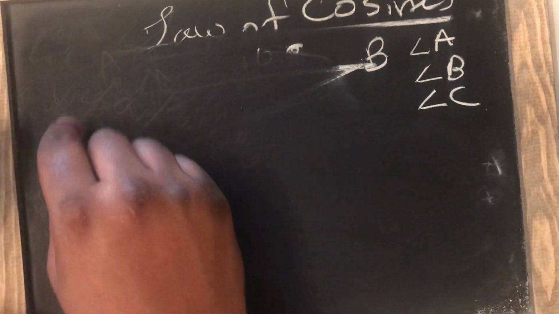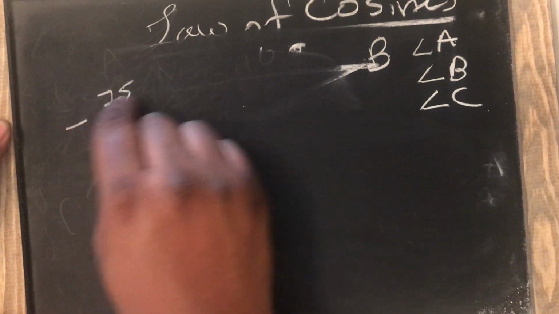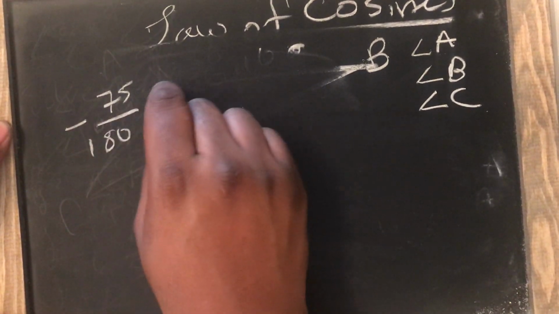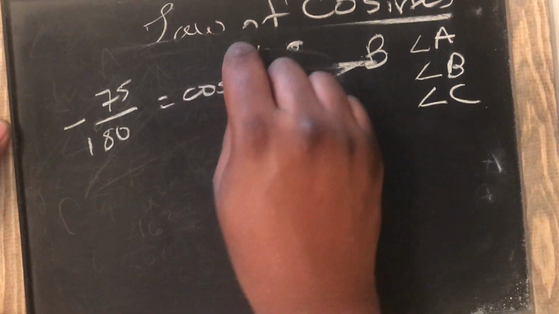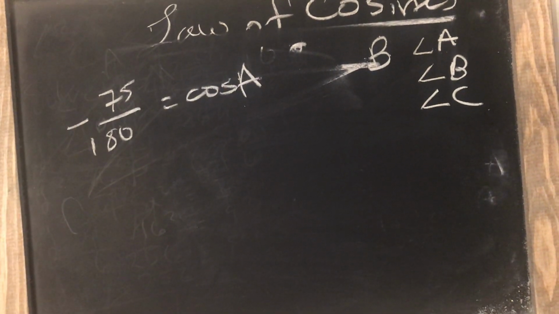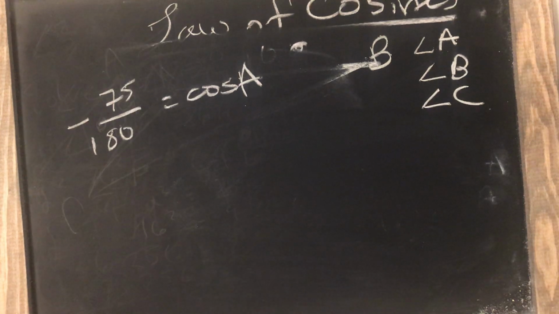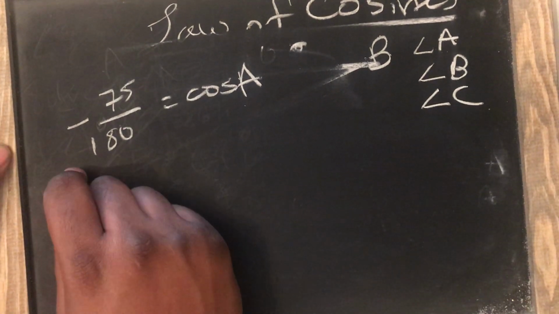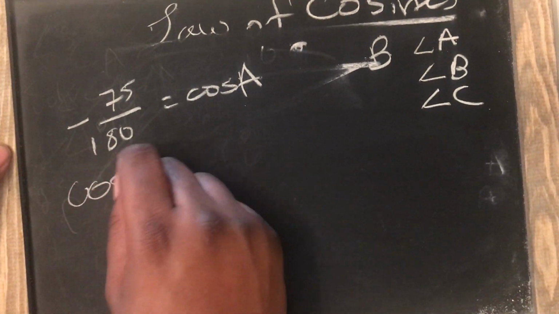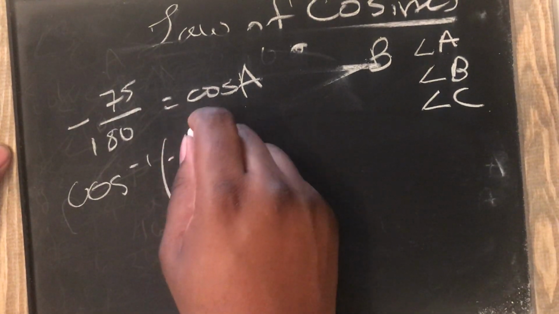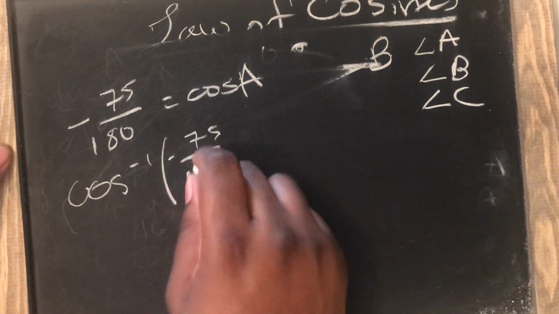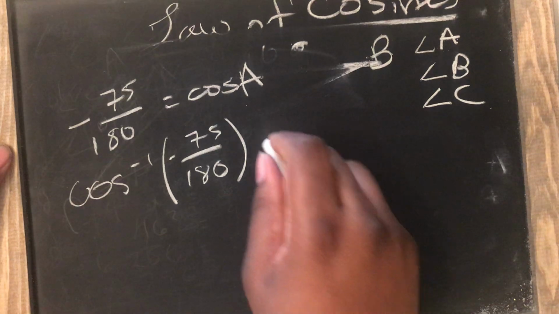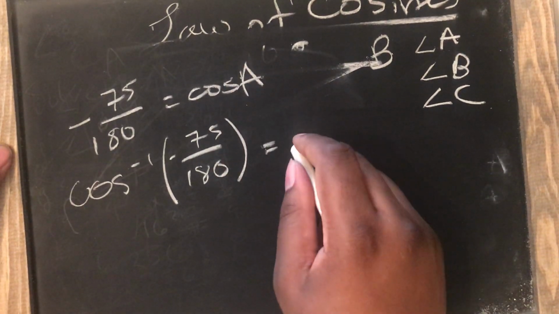So we have negative 75 over 180 equals cosine of A. From that, obviously, we're going to have cosine inverse of negative 75 over 180. Remember, the inverse of cosine is cosine inverse.